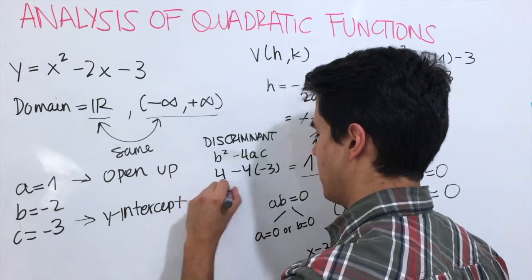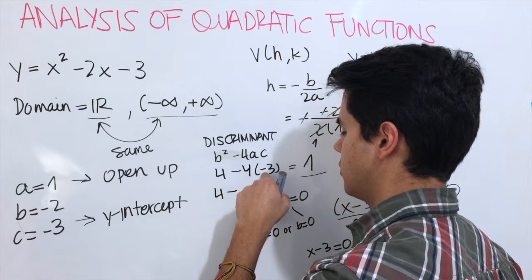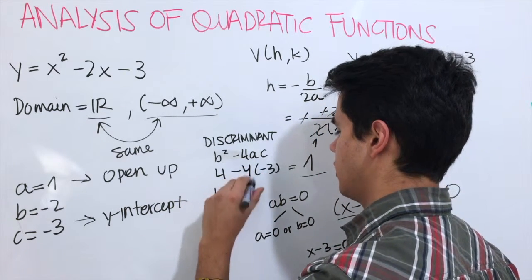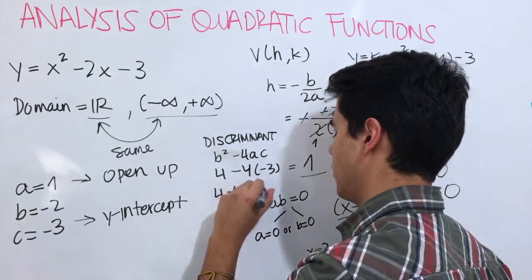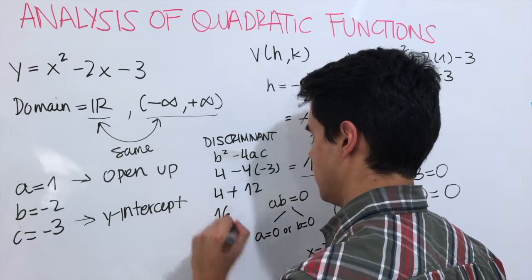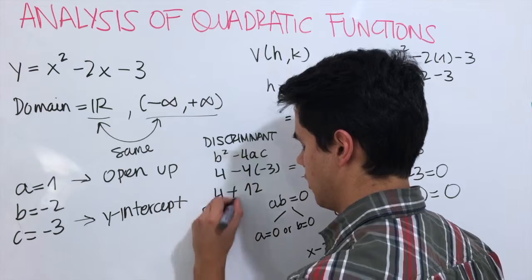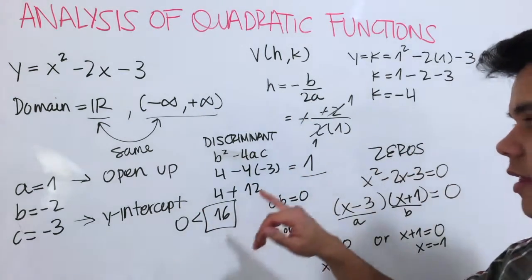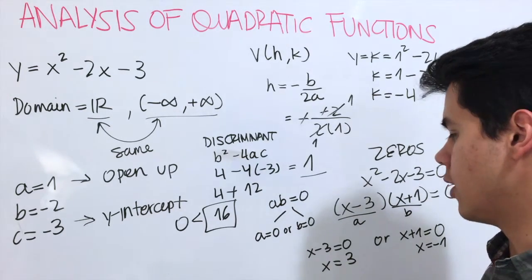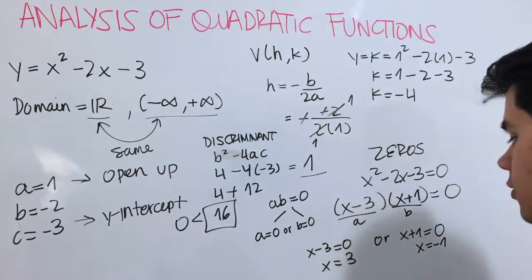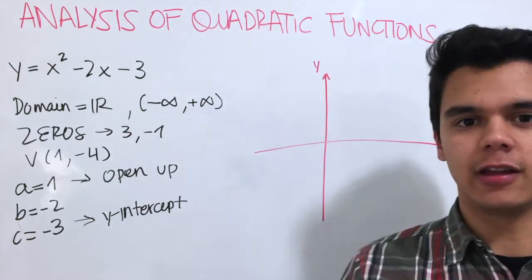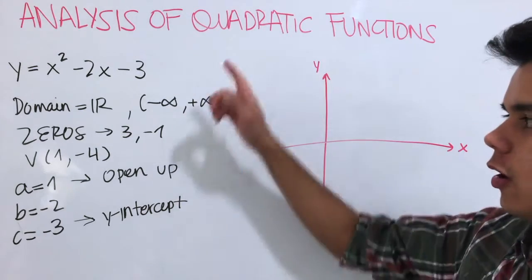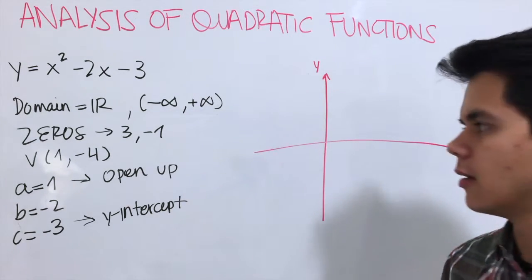So 4 minus, times, a minus is positive, 4 times 3 is 12. And that gives me 16, which is a positive number. This is greater than 0. So since the discriminant is a positive number, we're going to end up with two different values, which is what we found here.